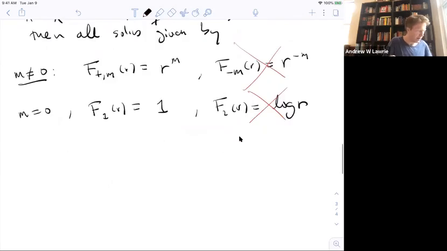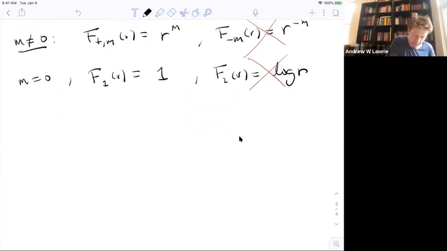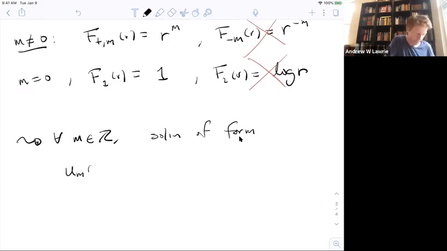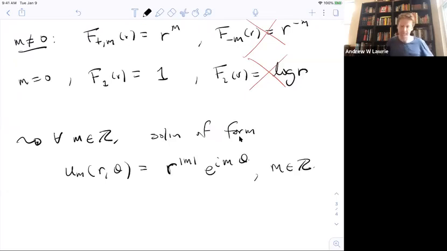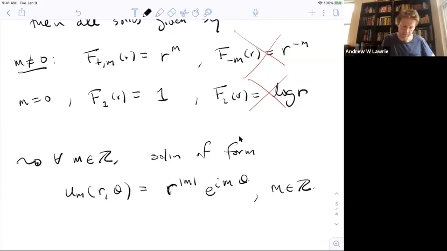So we're left with, for each m, a solution of the form u_m of r, theta, where we take the product of f and g, which is r to the absolute value of m times e to the i m theta, for m in Z. Sorry, this top one is misleading.